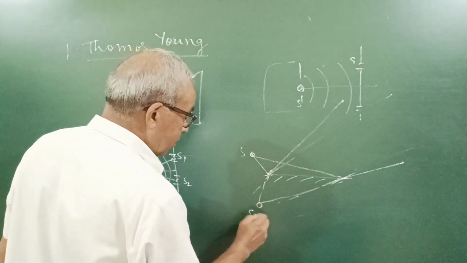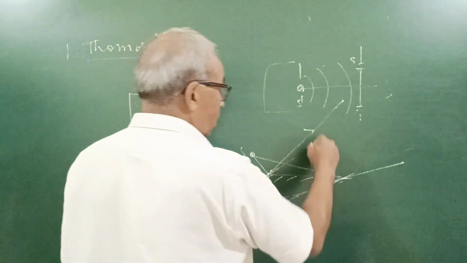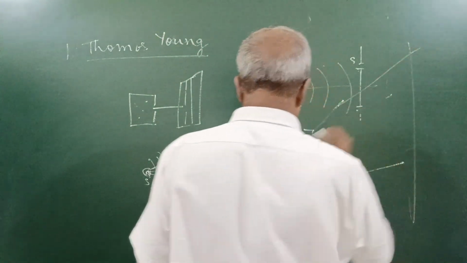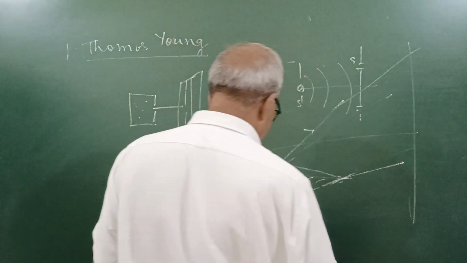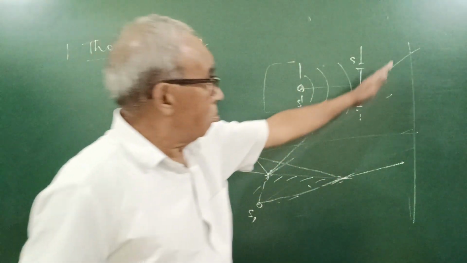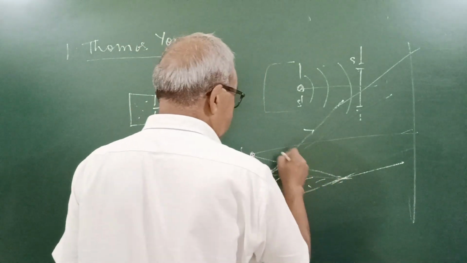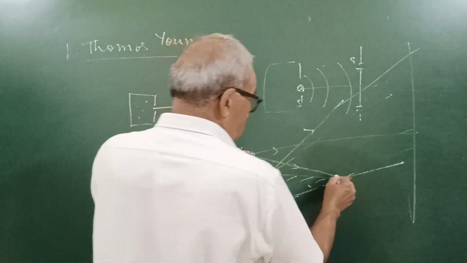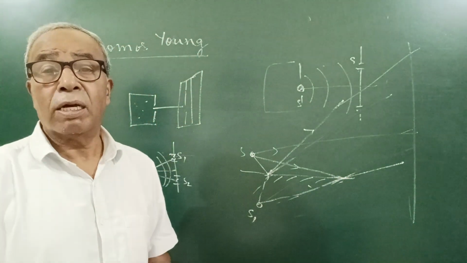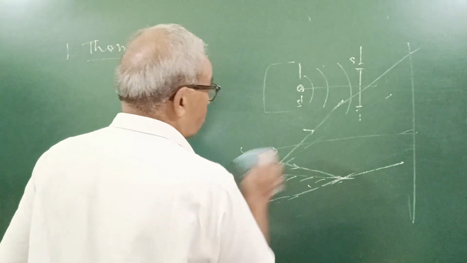So this image of source S will act as another imaginary source, and light here on the screen will be coming from this as well as this, and therefore they produce interference here. But here the difference is that in reflection from a rigid surface, there occurs a change of phase of pi radian. This is one method of obtaining.